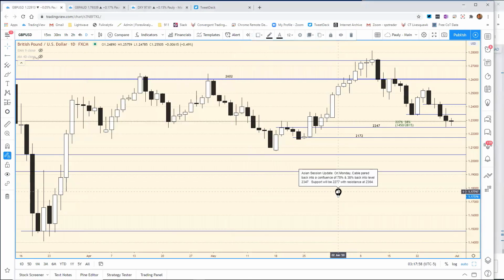And resistance at 2364, that might be a little bit of a stretch there. Resistance is actually going to be this body touch right there, which is going to be 2344.